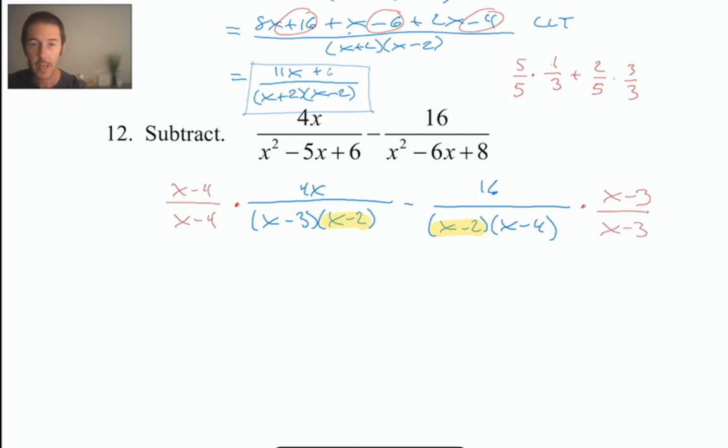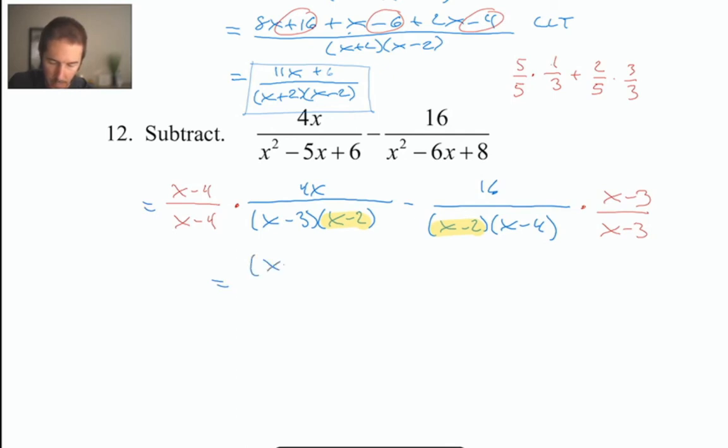Voila! Now we have common denominators in both fractions. And we made that happen using multiplication by 1. The number 1 and the number 1, they look a little bit different, but clearly they're both equal to 1. Alright, so now let's put these numerators together.